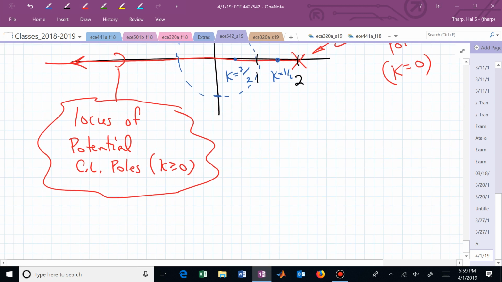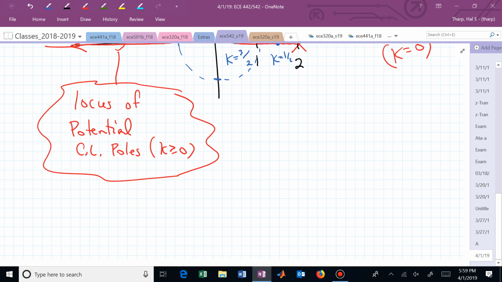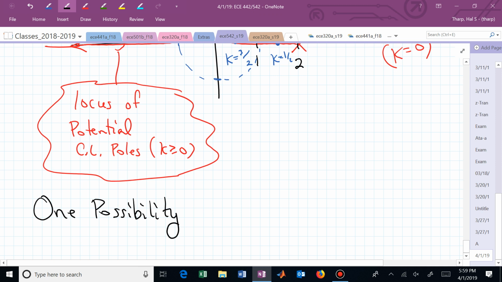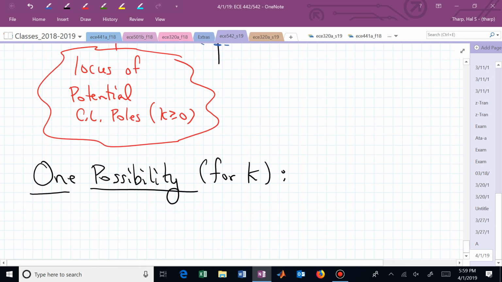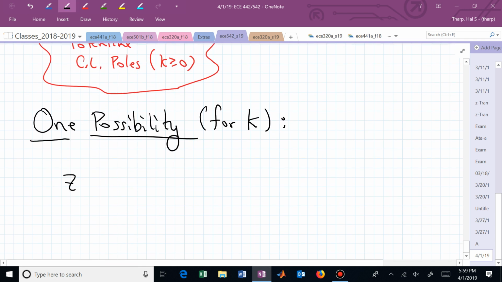And I hope that you can say that, okay, well, one possibility for picking a gain k might be to do the following. We know that the characteristic polynomial is given by z minus 2 plus k. That's our characteristic polynomial.